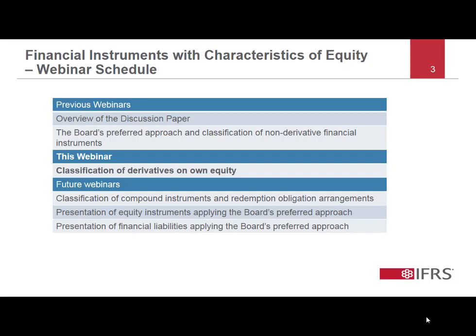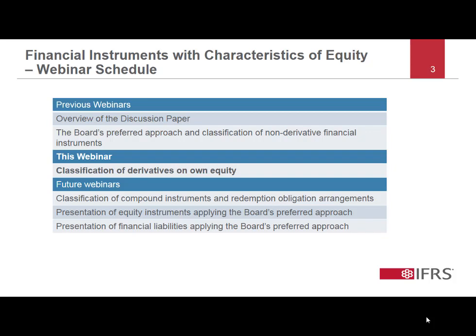This webcast is the third in the series of webcasts exploring the FICE discussion paper. In the first webcast, we provided a brief overview of the discussion paper, covering why the board is doing this project, the scope of the project, and how the preliminary views in the discussion paper compare with IAS 32. In the second webcast, we covered the key parts of the board's preferred approach to classification.